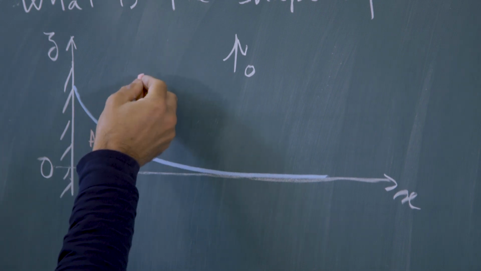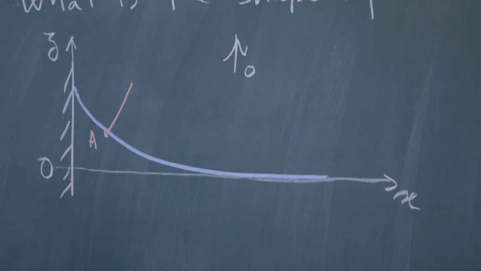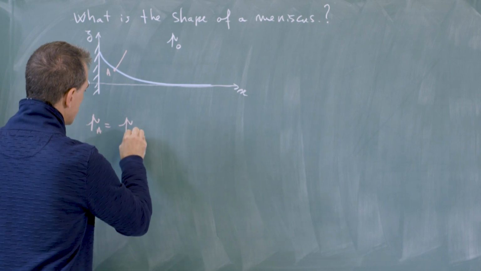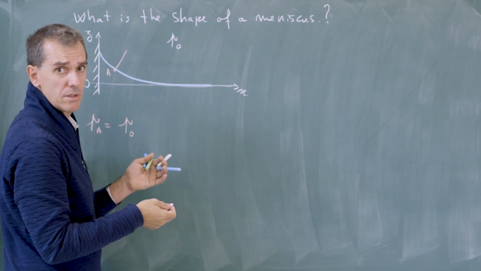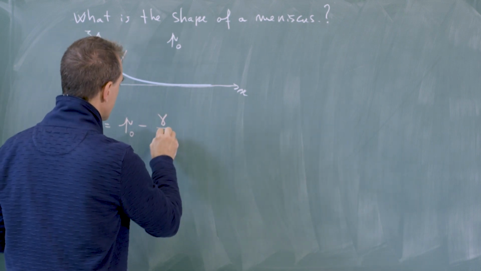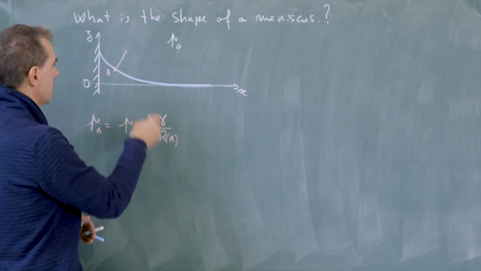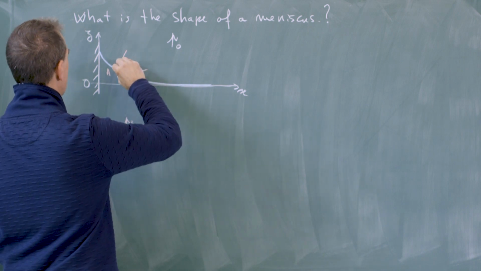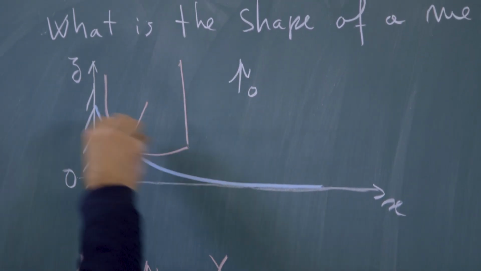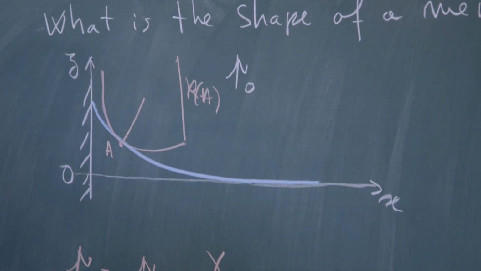And if I move from this constant pressure region across the interface to reach the point A, then the pressure in A will be P0 minus the effect of the curvature that we know being proportional to surface tension and to the local curvature that I call 1 over A. In my convention, the radius of curvature is defined as the size of the circle that is tangent to the meniscus here, so this is A, and I take it positive.